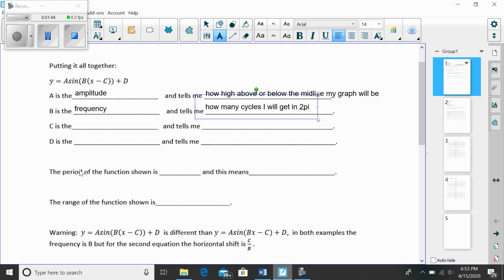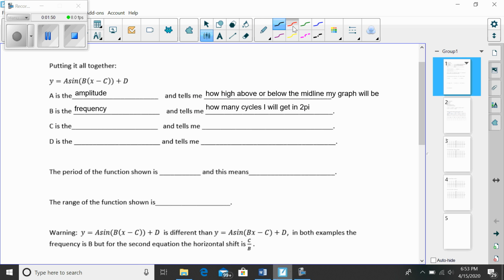And the period of the function, which I might as well go down here, the period is 2 pi divided by the frequency, in this case B. Sometimes I've seen the frequency called K. I think Kirk on his video might have had it called B. So it can have different letters to represent it.